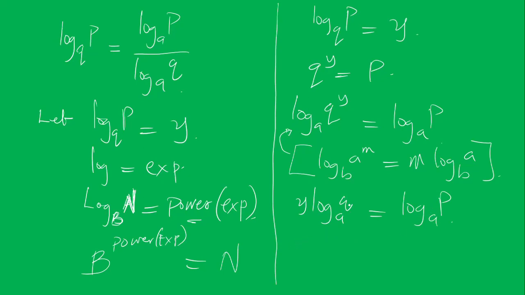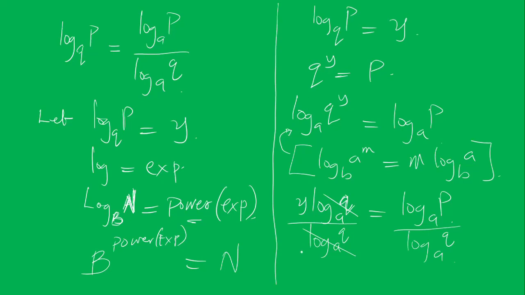Now dividing both sides by log q base a, this will cancel out.